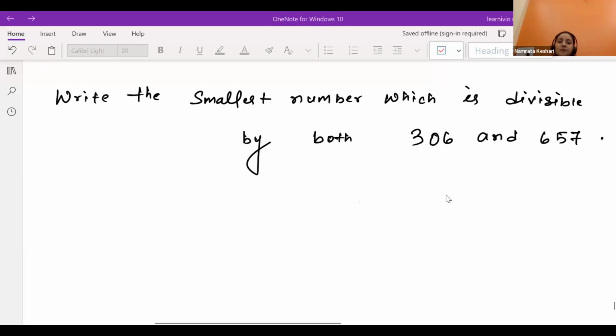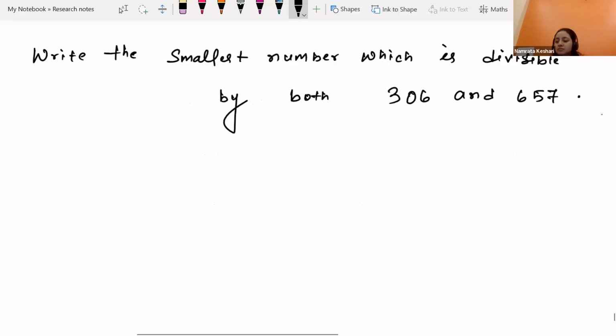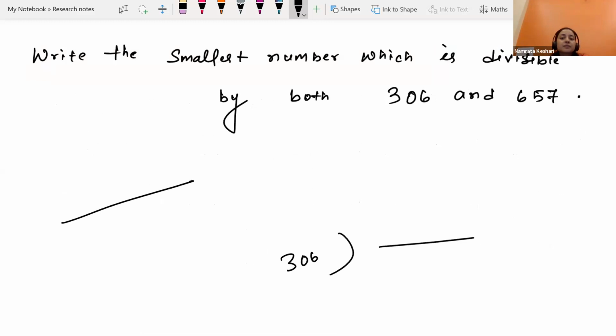Okay, let's do it. Write the smallest number which is divisible by 306 and by 657.